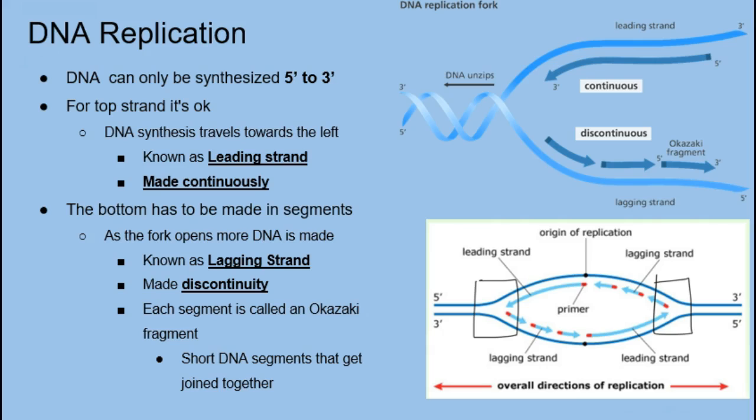This is known as the lagging strand, and it is made discontinuously. Notice how there are 3 different arrows because there are 3 different segments. Each of those segments is called an Okazaki fragment, and they're short segments of DNA that will eventually get joined together.